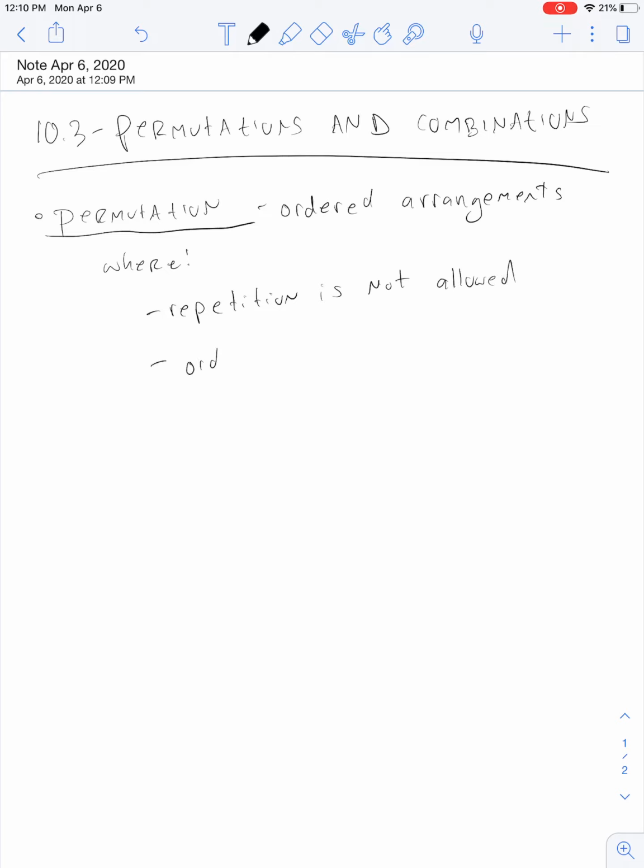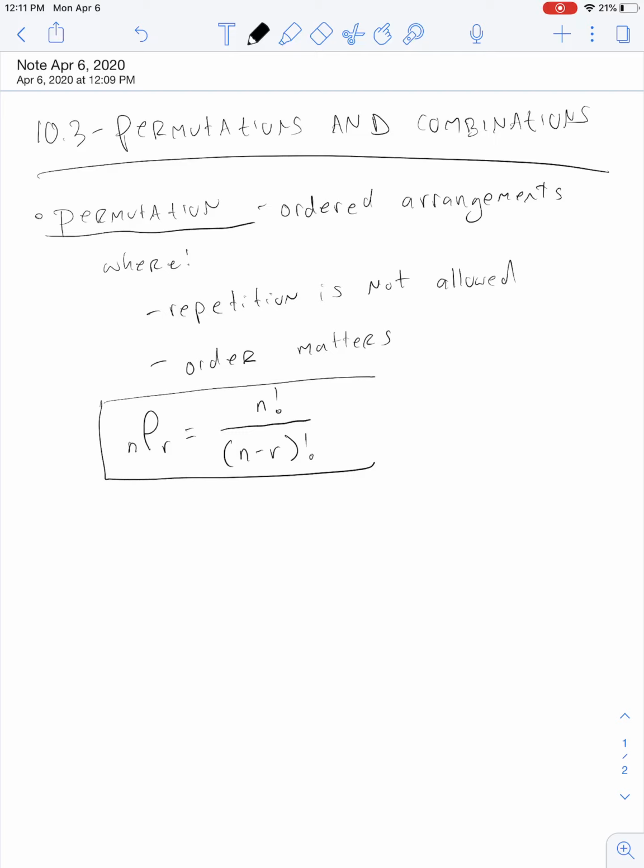And the second one, order matters. All right. So an ordered arrangement where repetition is not allowed and order matters. And there's also a formula for it that says nPr equals n factorial over (n minus r) factorial.